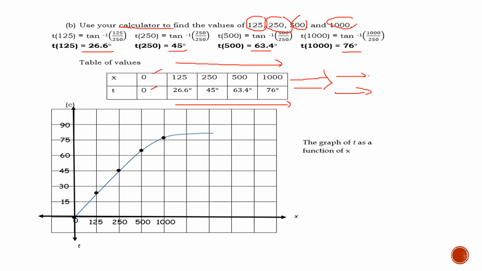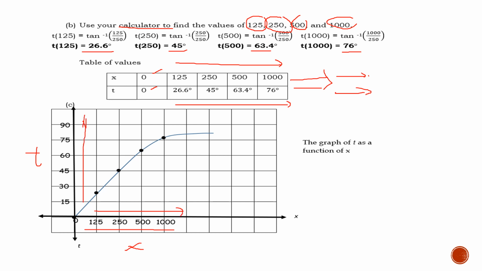If this one represents your x and this one represents your t, all your values on the x-axis will represent your x, and all your y values represent your angle that we get once we substitute the given values from your x-axis. So here, as we plot, you can see the behavior: when your x increases, it's automatic that your y also increases.